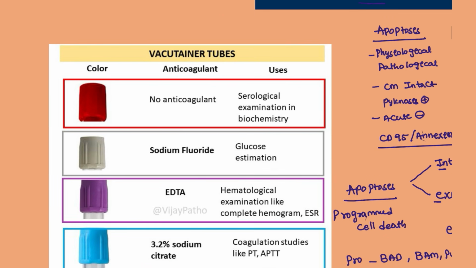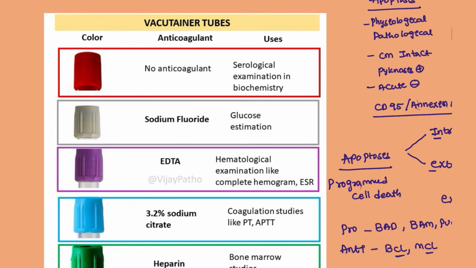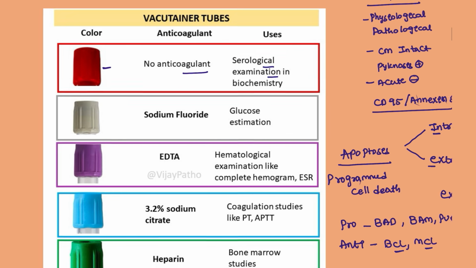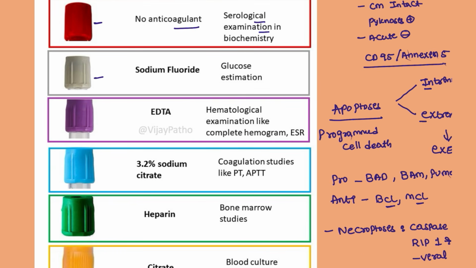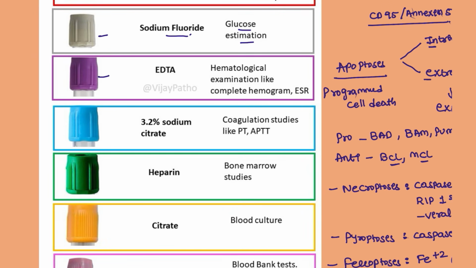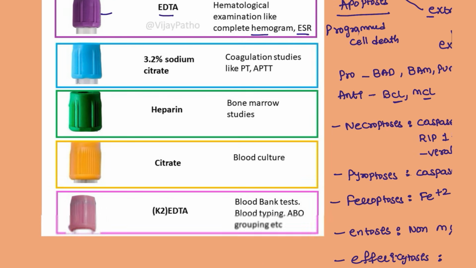Next, vacutainers. This is a very small topic but very important. The red color, which does not contain any anticoagulant, is used for serological examination. The gray color, which contains sodium fluoride, is used for glucose estimation. The lavender color, EDTA, is used for the complete hemogram and the ESR. The sky blue, which uses sodium citrate, is for coagulation studies such as PT and APTT.